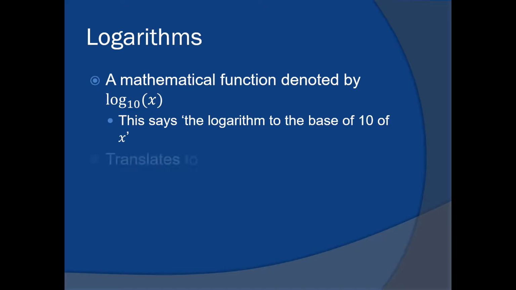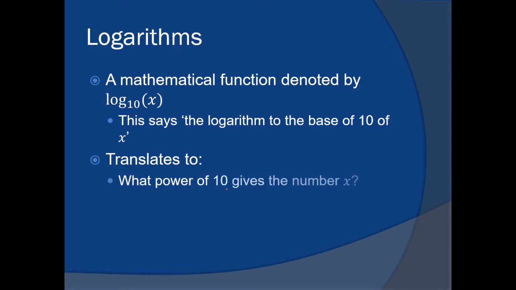And this function will return a number that basically is what power of 10 will give me the number x. Okay, so that's what the logarithm is. The logarithm is a power of 10, a power of 10 that gives us back whatever this number is inside the logarithm.